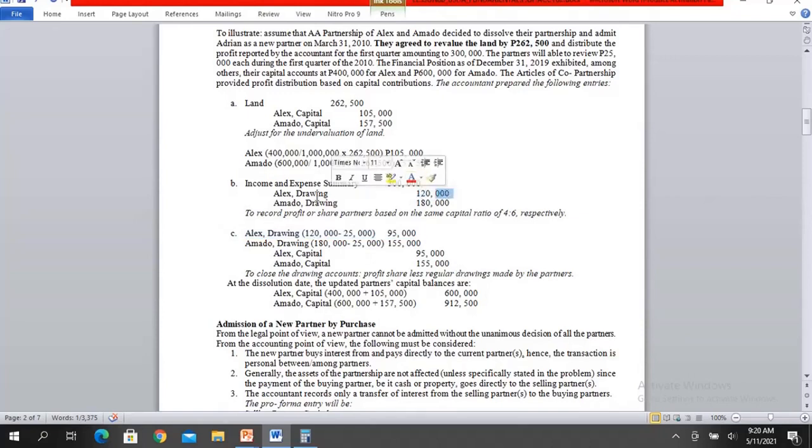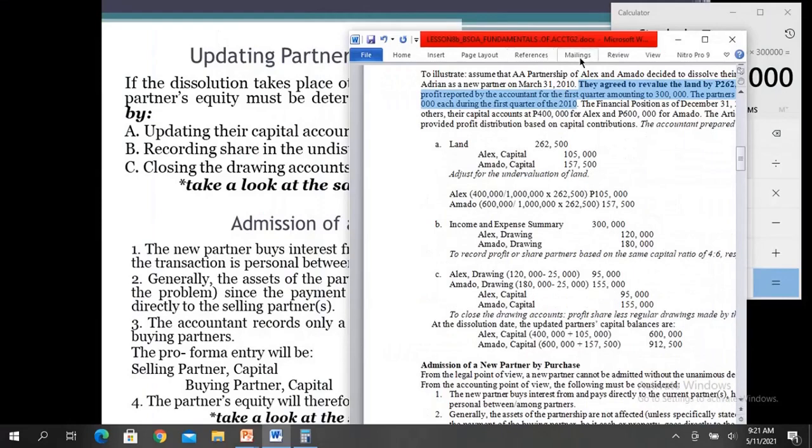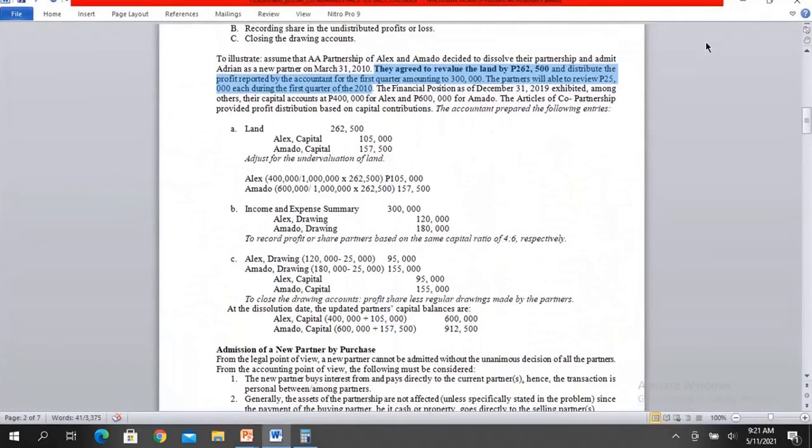Close na natin yung mga withdrawal accounts. Itong kay Alex, itong 120,000 less yung 25,000. Saan nakuha yung 25,000? Sabi dyan, the partners will be able to receive 25,000 each during the first quarter, kasi withdraw ito.